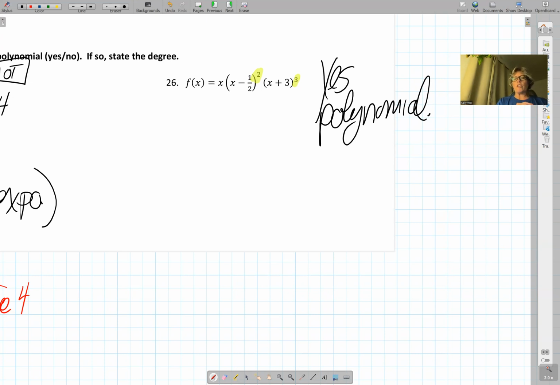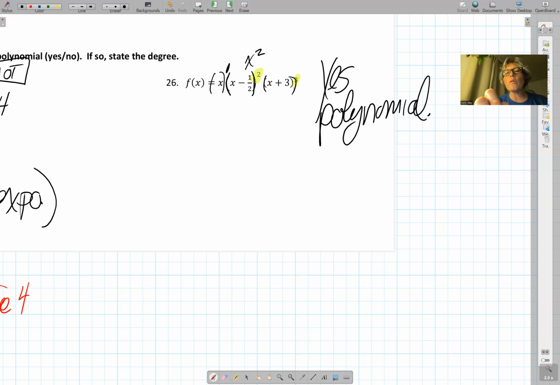And watch out for the degrees here, because this is all kind of factored out. So to see the degrees, you'd have to notice the times. So it's x to the first. And then here, if you FOIL that, somewhere you're going to get an x to the second.